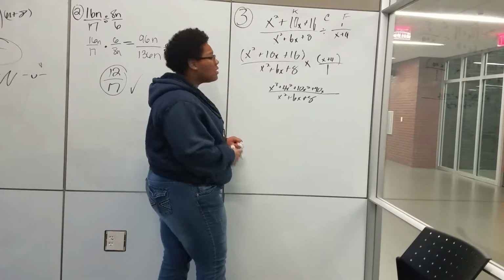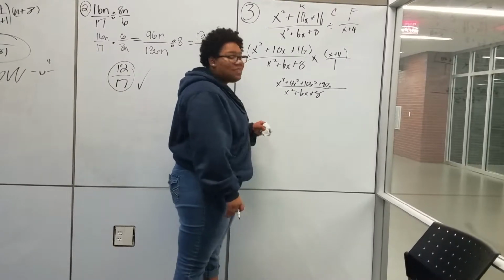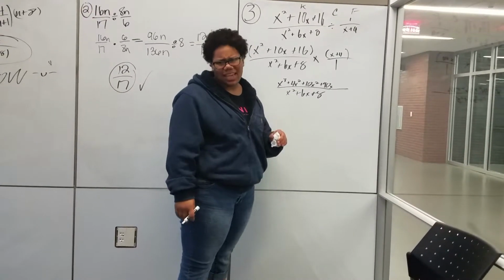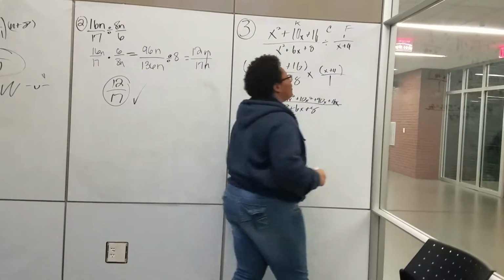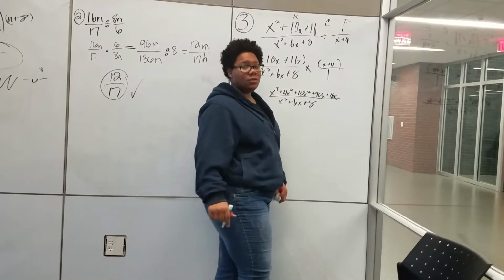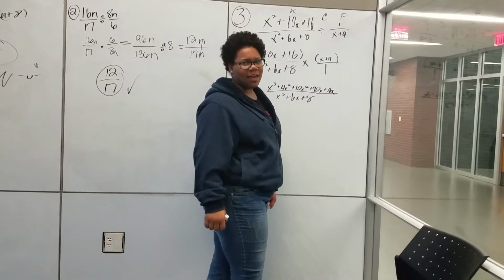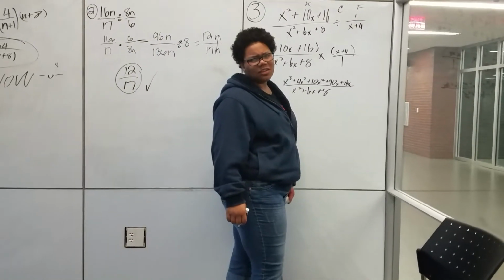And then you have 16 times x, which is 16x. I hope that makes sense. And then you have 16 times 4, which for those of you that don't know basic math, is 64.